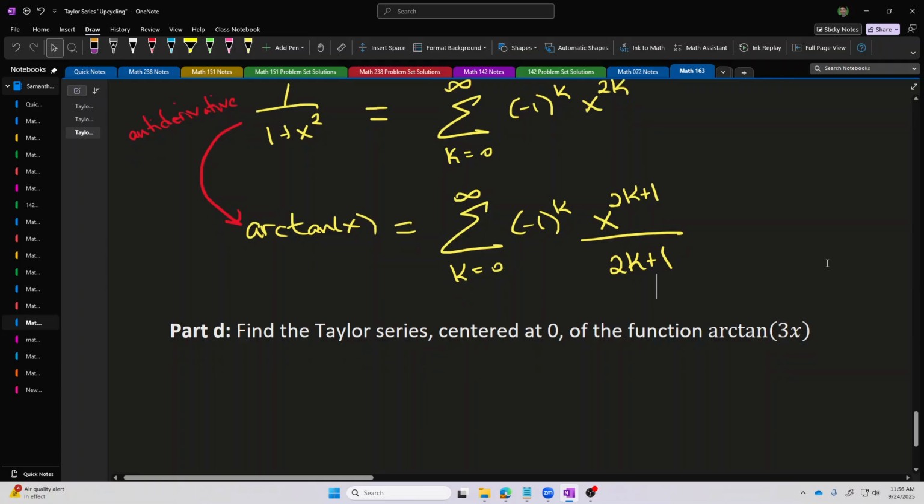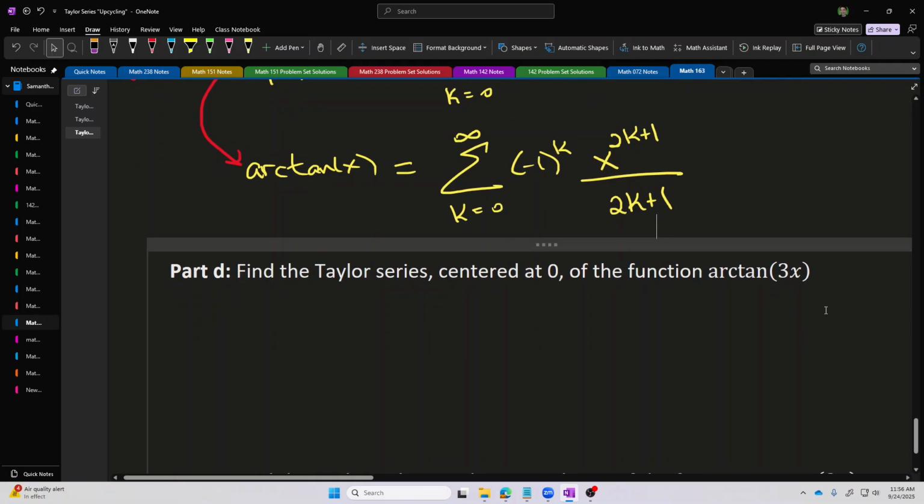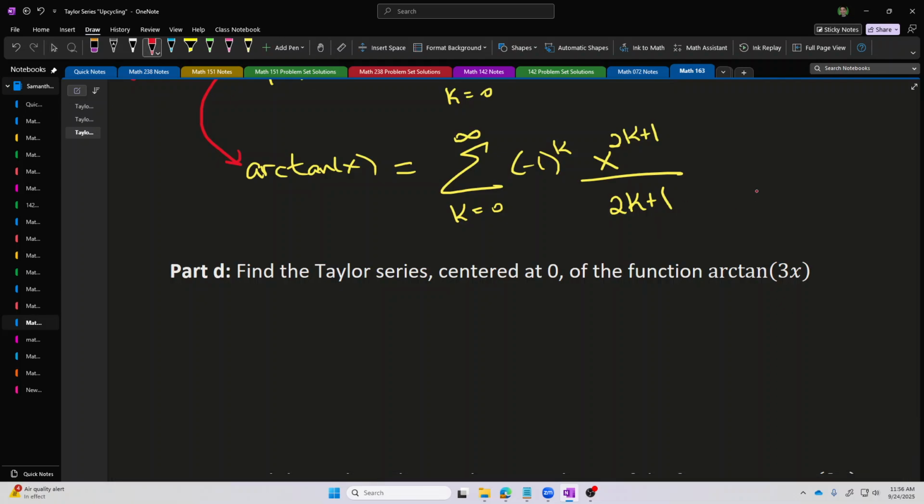You can continue this process. For example, if somebody says, what's the Taylor series centered at 0 of the function arctan of 3x? Once again, the action here is simply that the x and the 3x have gotten swapped. And if that's the action that was performed on the function, then you just have to perform the same action on the series.